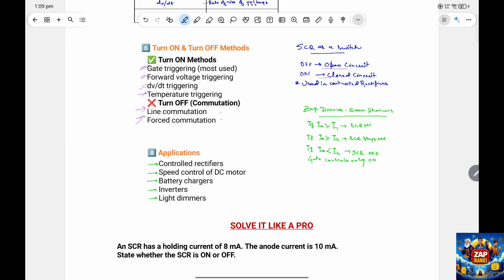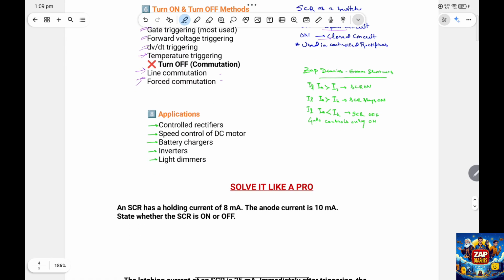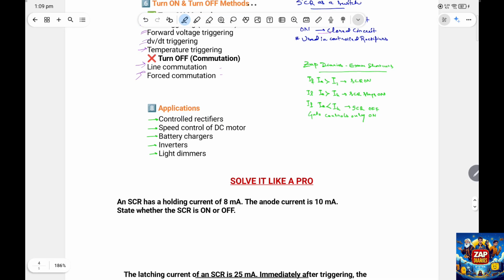Basically, the SCR is used in controlled rectifiers. Also it's used for speed control of DC motors, say BLDC motors. Nowadays remote control BLDCs come for our home applications. SCRs are used in battery chargers, inverters and light dimmers.